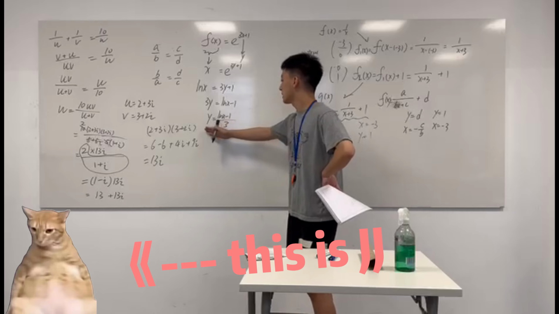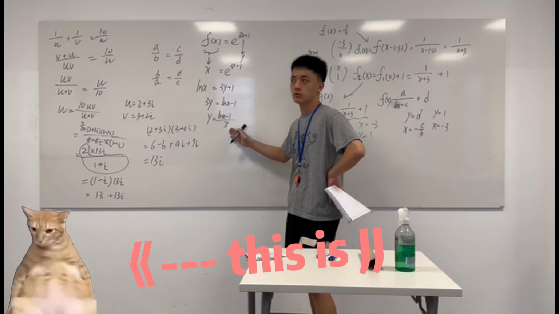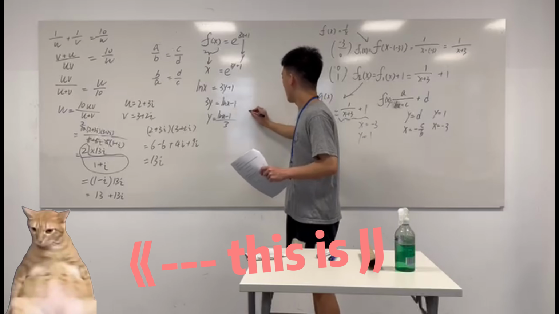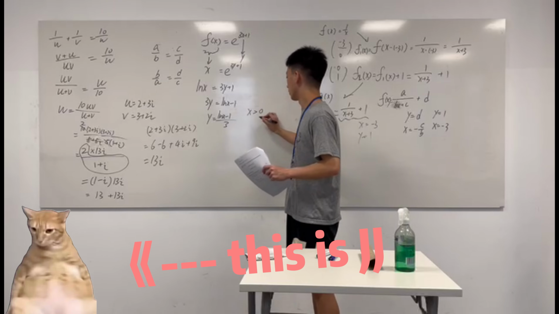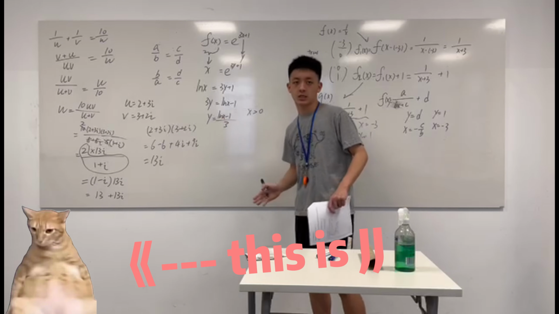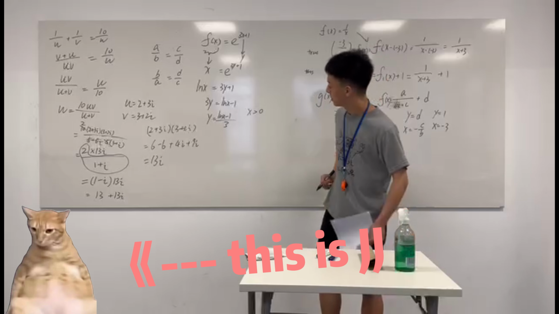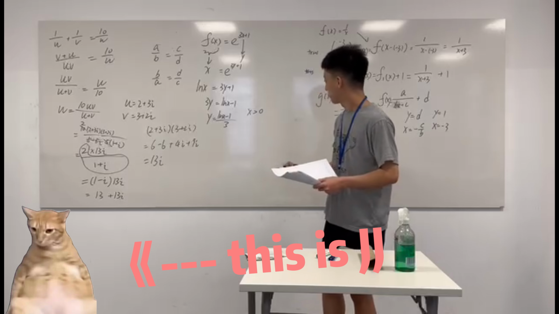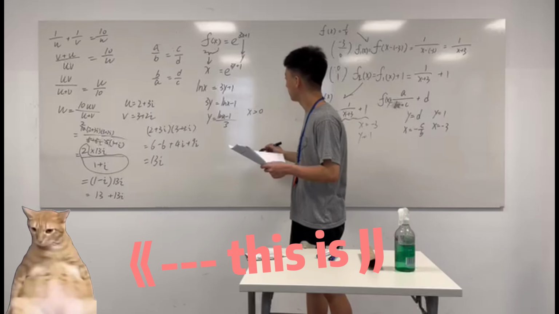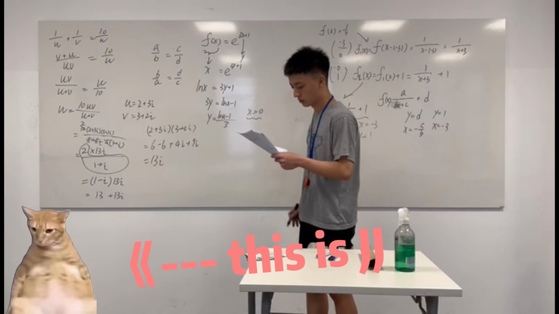So if we want this stuff to make sense, it means the x should be more than 0. Because if x is equal to 0 or less than 0, ln x does not exist in real numbers. So it means, yeah, the domain of f inverse is x more than 0.